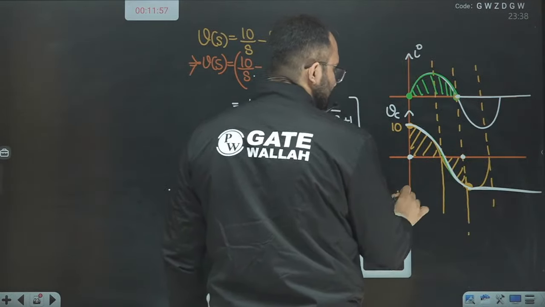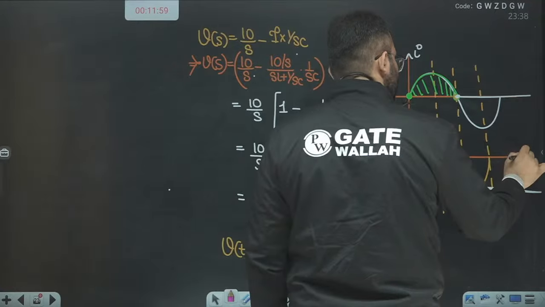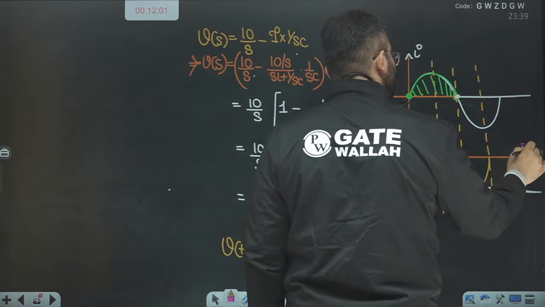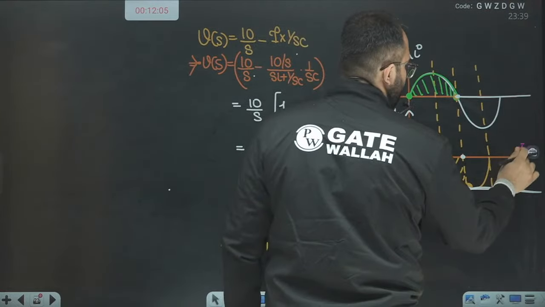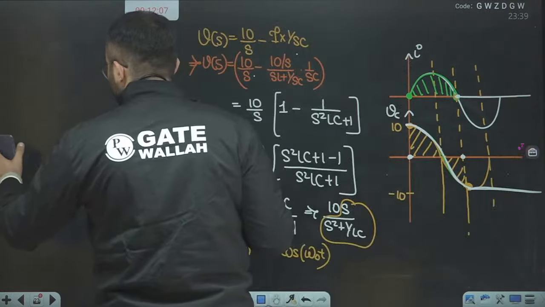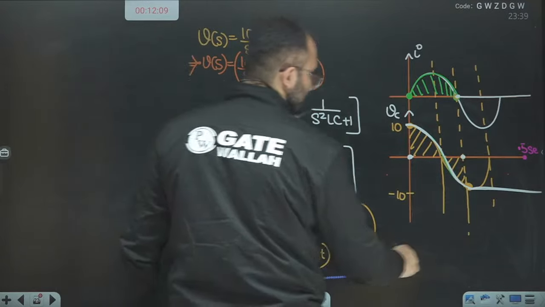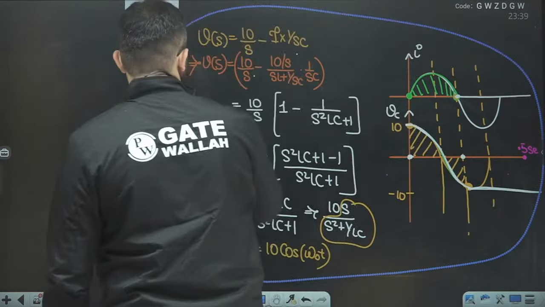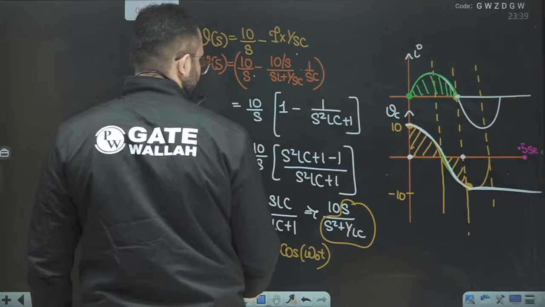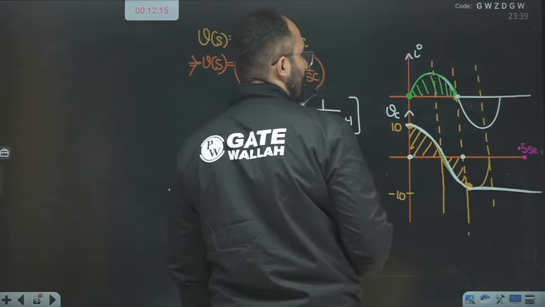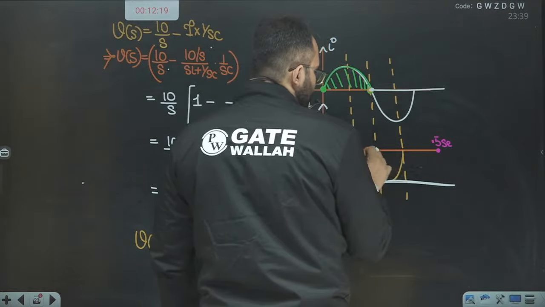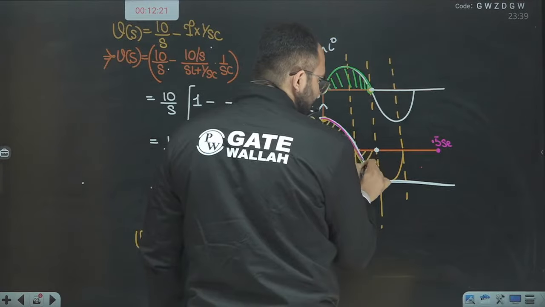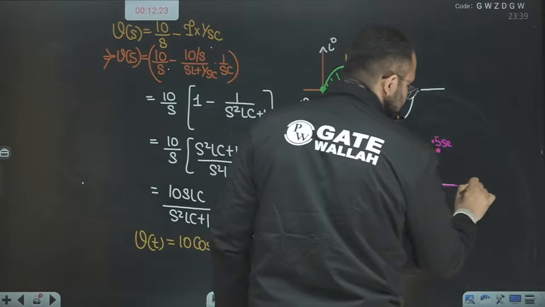And if they are asking the voltage across capacitor at 0.5 seconds, which will be very, very far away, and we know that after this half cycle, the voltage across capacitor is constant.